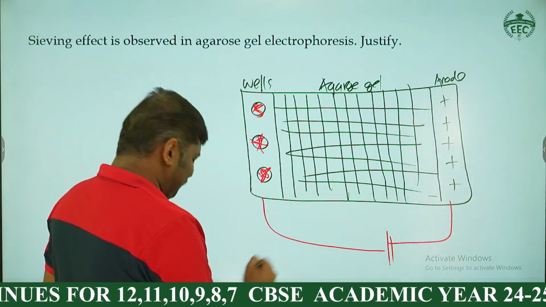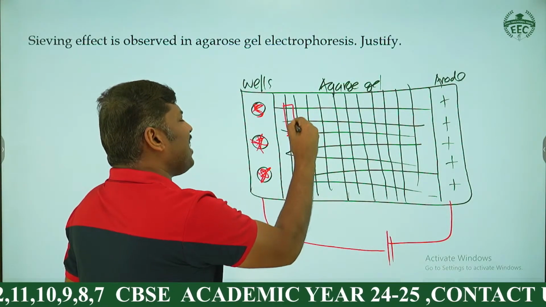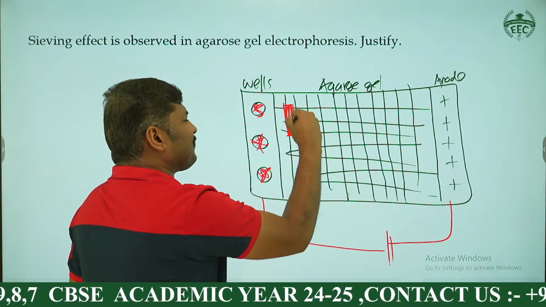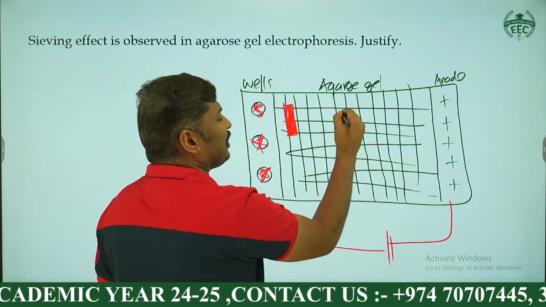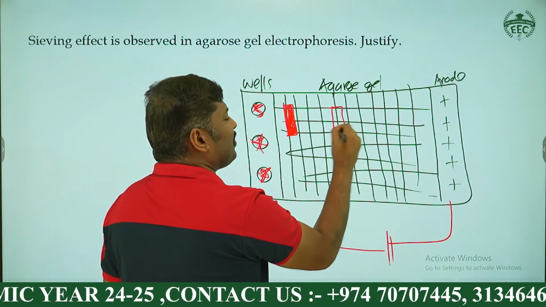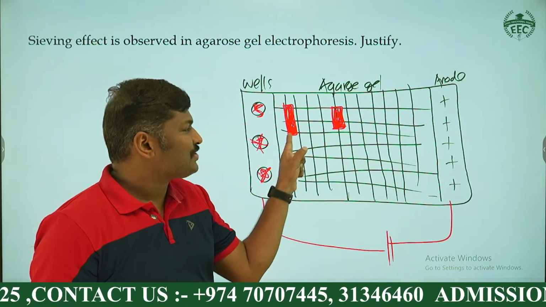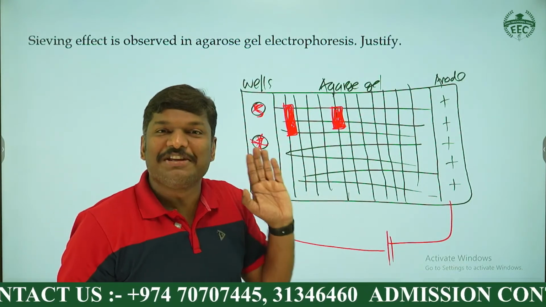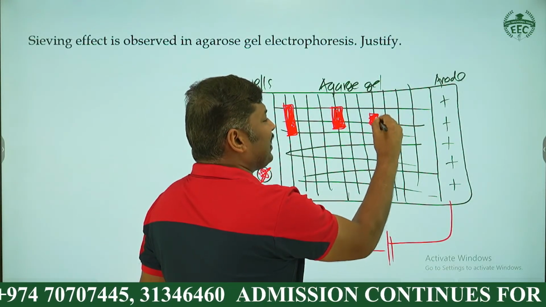So that's why, look at the board, my dear student. Here you can see the larger fragments are always close to the wells. And what about the smaller one? The smaller ones move away from the wells, and compared to the first one, the second one is smaller, right? So the smaller one moves away from the well, and again you can see the smallest one moves even further away from the well.